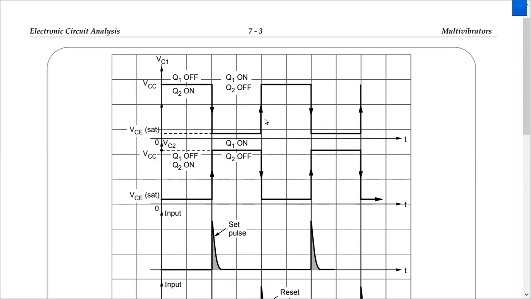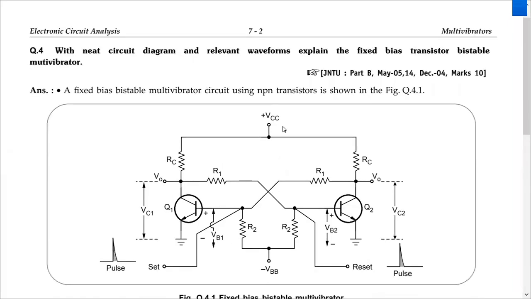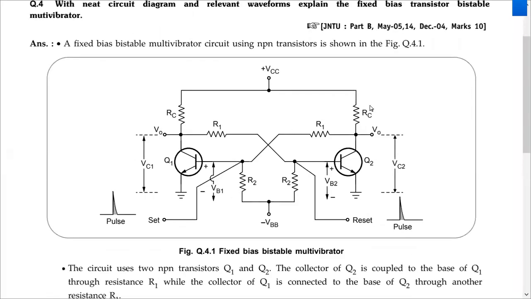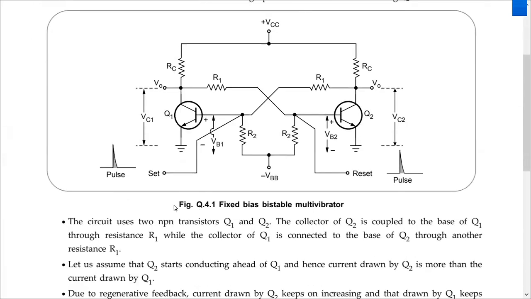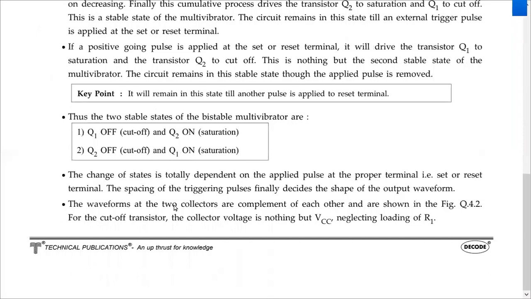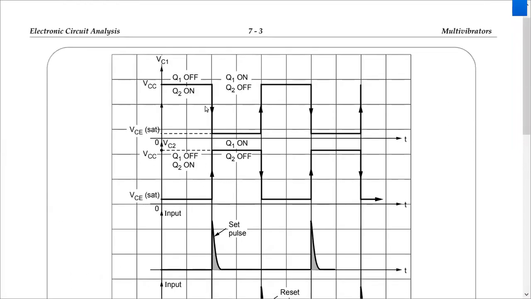Now, if we have to change the state of this bistable multivibrator, where do we have to give triggering? Here we are simply using only the positive pulse. So in the second time duration, which transistor is on?